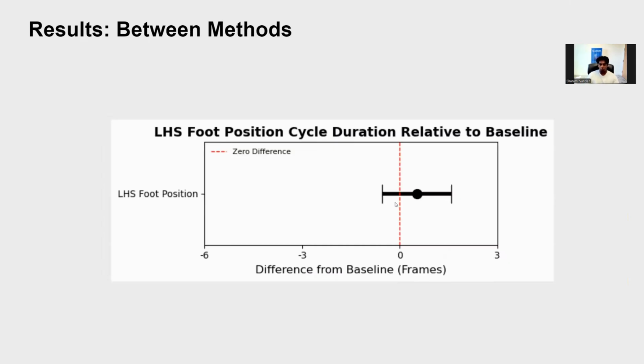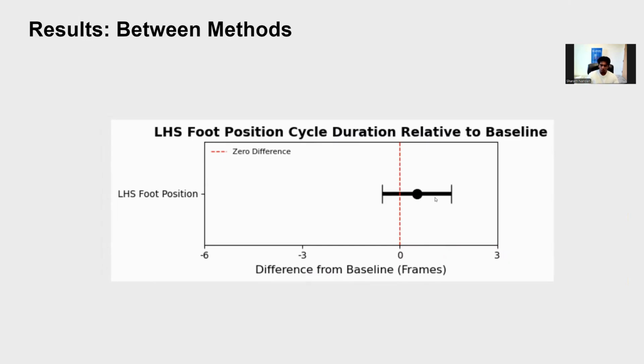So now let's look at these results from the linear mixed model, which does account for participant differences and trial-to-trial variability. This graph shows the differences in average cycle duration for the same LHS foot position method compared to the kinetic baseline. The red dotted line represents zero difference, or in other words, a perfect match to the baseline.